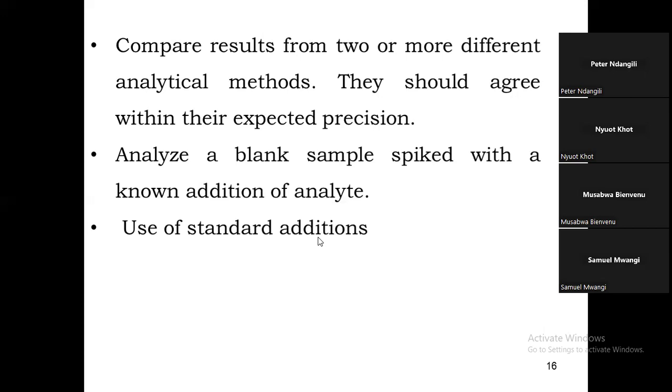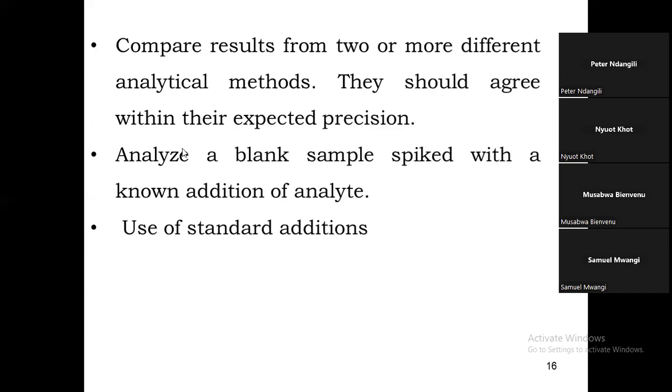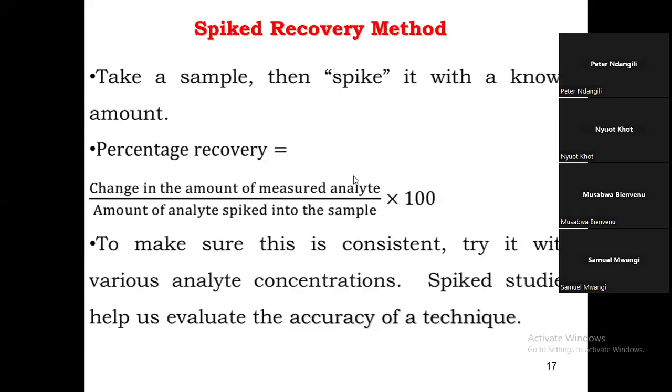Okay. So we continue. And here, I want to illustrate the spiked recovery method. This is what I was explaining here, analyzing a blank sample that is spiked. And I want to illustrate how you can do that recovery method.